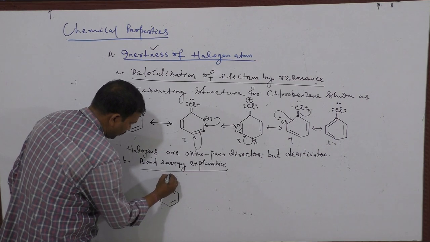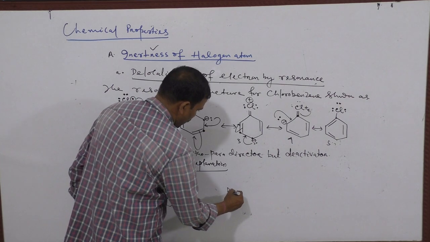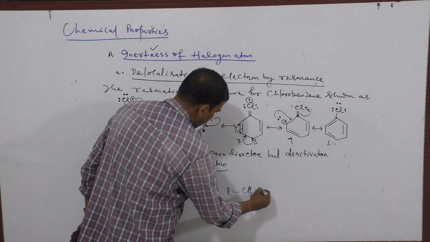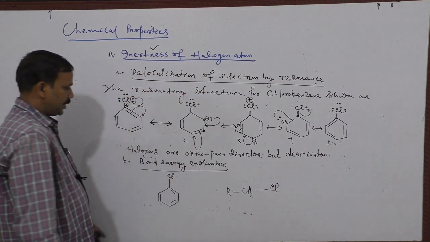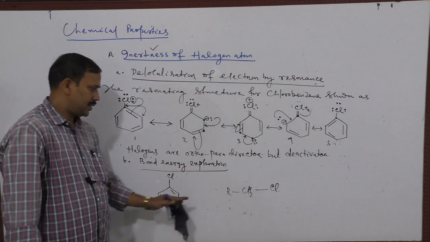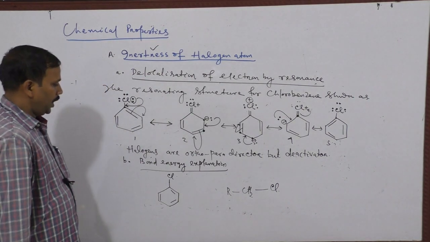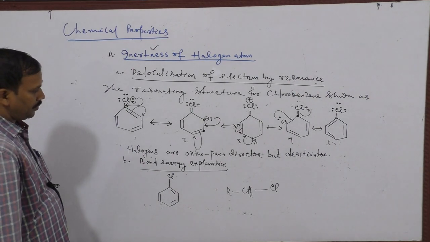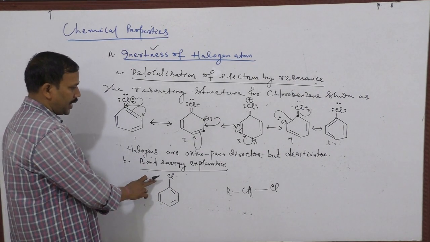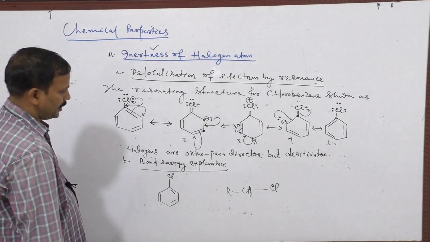Suppose this is chlorobenzene, and another one is CH2X or Cl. This is haloarene, that is alkyl halide. In between them, haloarenes are less reactive than alkyl halides.